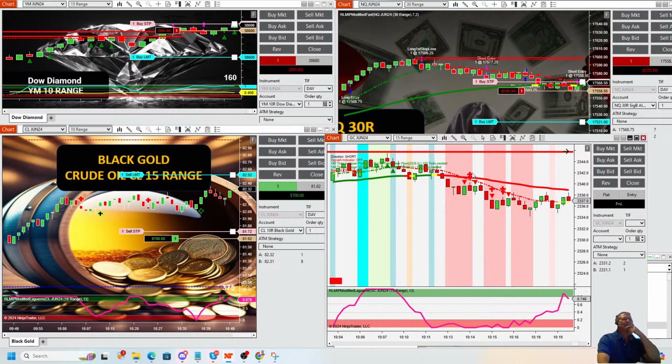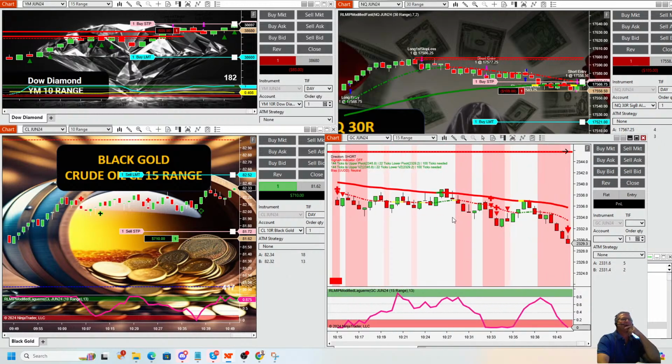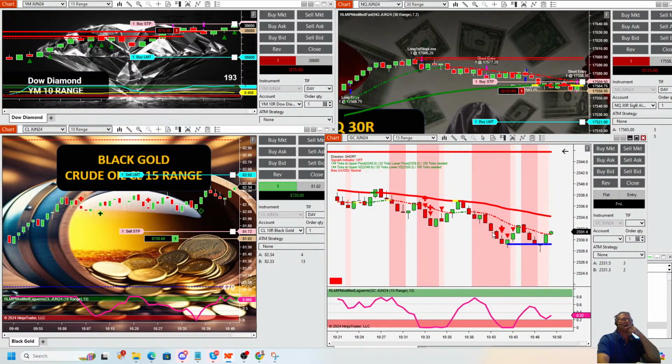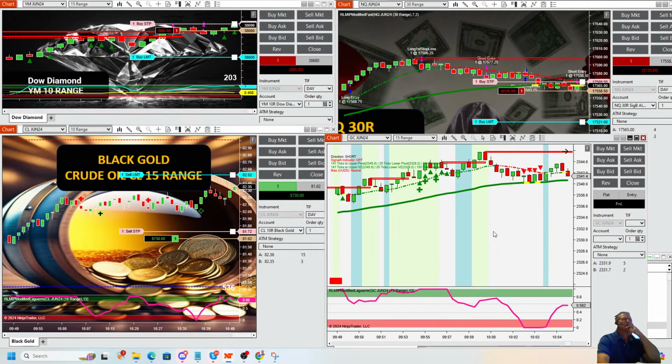So now I see my signal B here, and I can scroll back and backtest them. I see my signal B here. Could have made some profits there. Signal B.